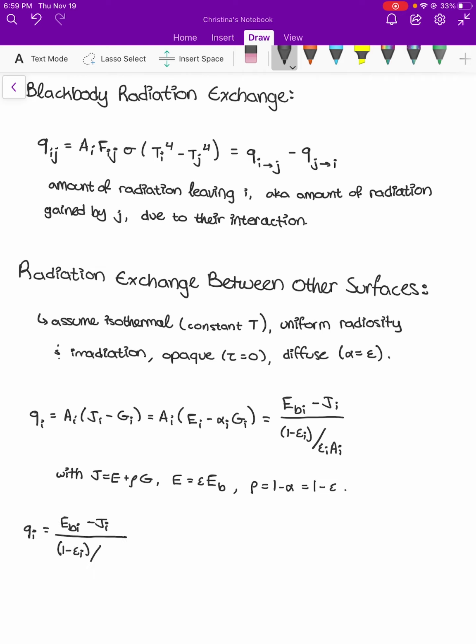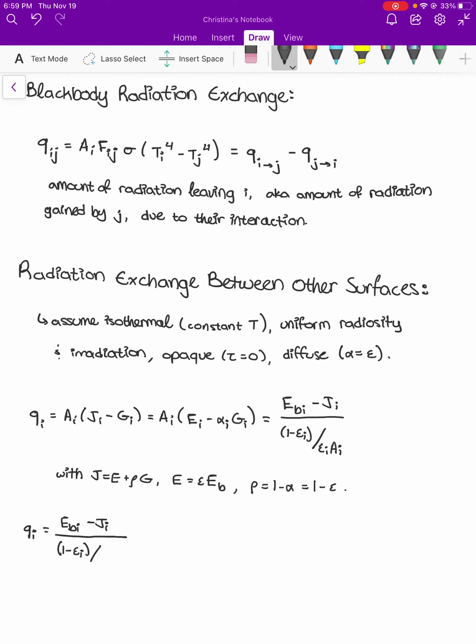In some cases, it might be convenient to use this equation in the form of a resistance diagram like we did earlier in the semester. Here, (A_i F_ij)^-1 are the resistances, and instead of temperatures in the numerator, we can use the radiosities. Take a look at the following practice problem.